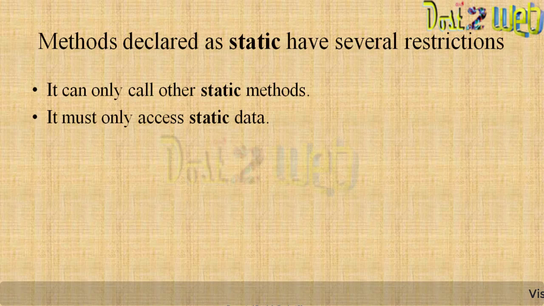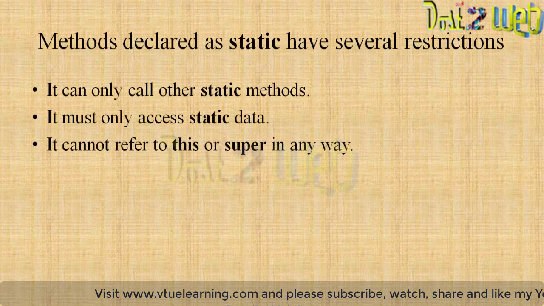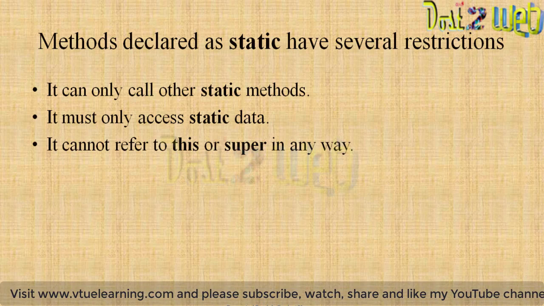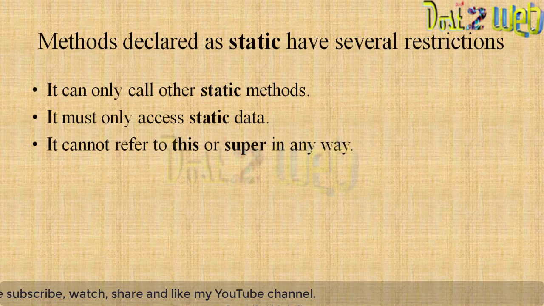It will not access data like int a declared normally; if you have a static method and try to access that, it will not work. It will access only static data, that is static int a. And you cannot refer to this or super in any way. These are the 3 restrictions for static.